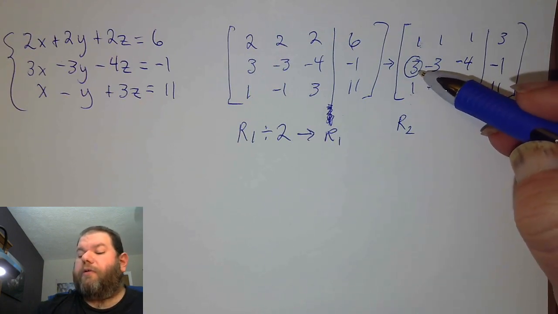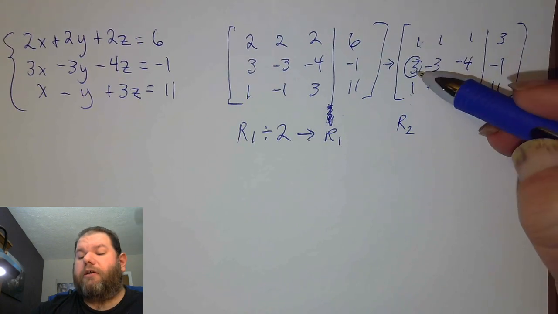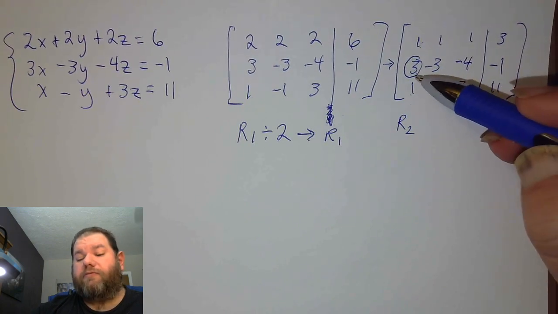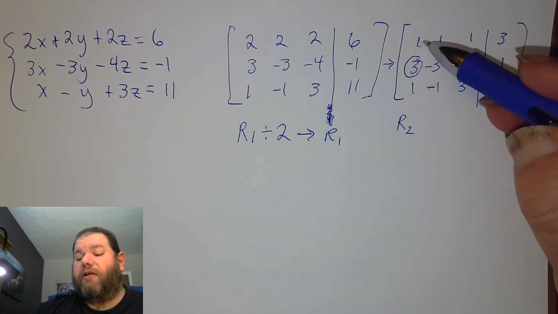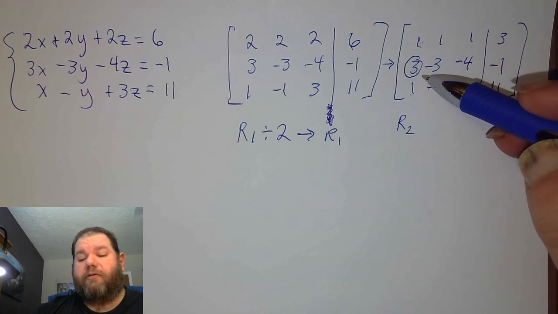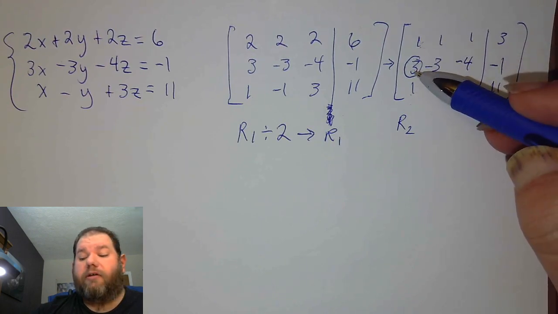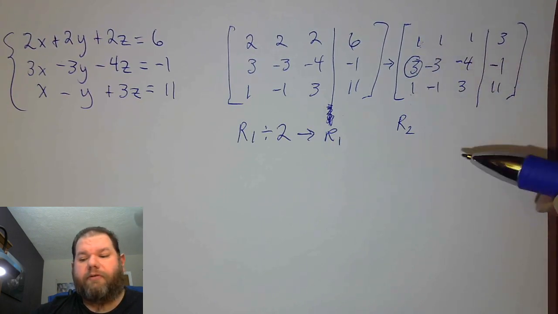Alright. We have a 3 here, and we want to take this 1 and make that a 0. So the question is, how many times do we have to subtract 1 from 3 to make it 0? Well, we can subtract 1 3 times, so 3 minus 3 would be 0.